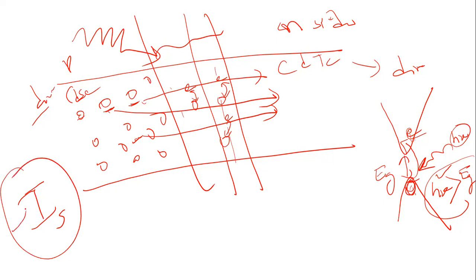Now, under light illumination, when we are using a direct band gap material and the light radiation energy is greater than the band gap, an electron from the valence band top will jump to the conduction band minima after absorbing light radiation, and that results in electron hole pair formation.